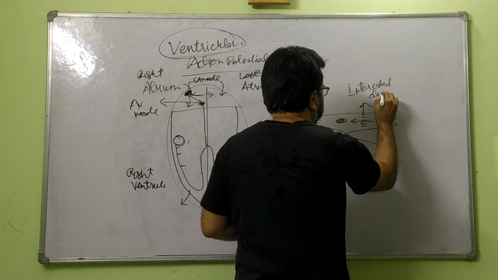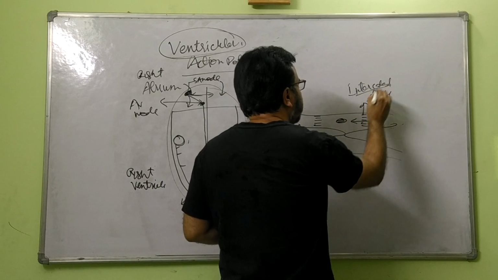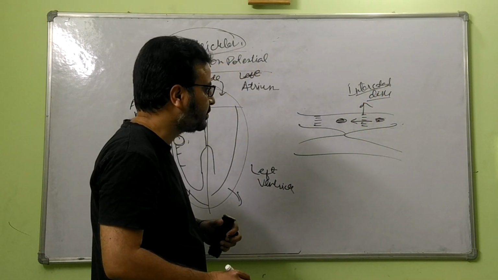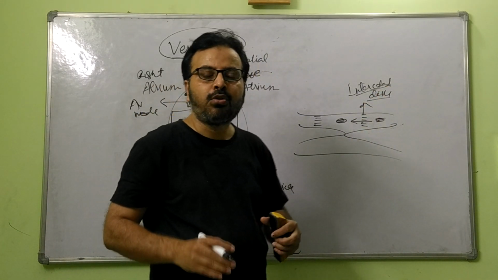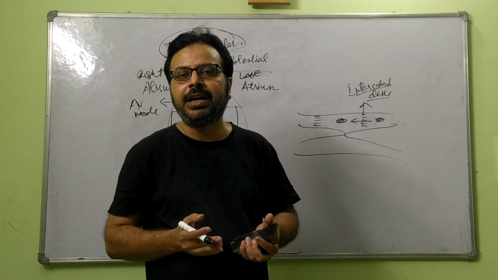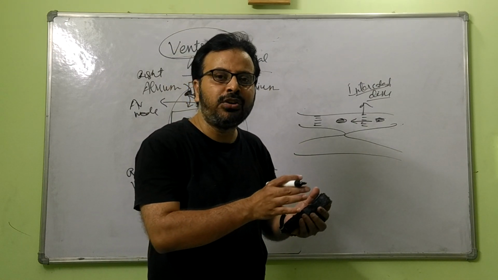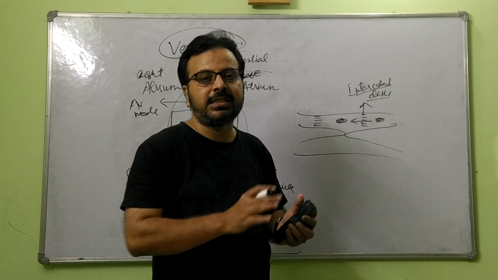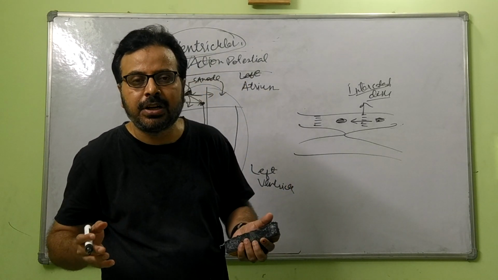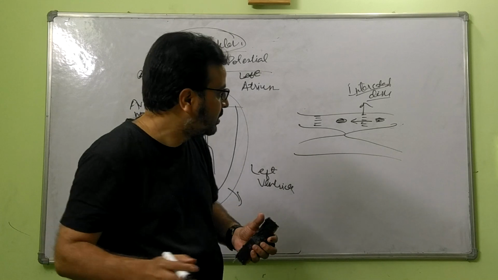This transfers the action potential, and this way a coordinated activity of the whole heart takes place in the case of heart, which is absent in the case of skeletal muscles, where intercalated discs are not present.